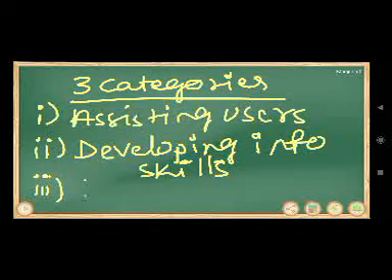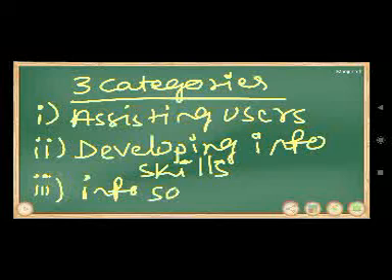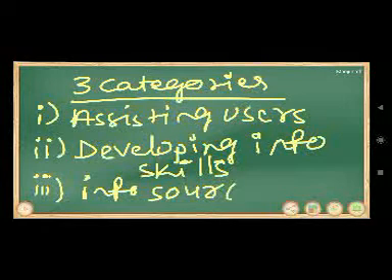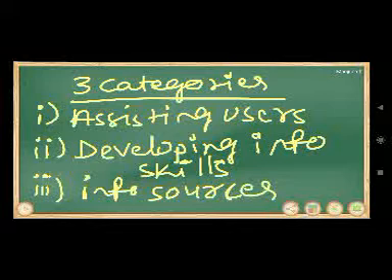There are many information sources and services, and you get information from various sources. So you are guiding your information seekers, the users, to the proper information sources. These are the three broad categories of reference services.